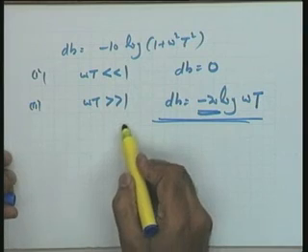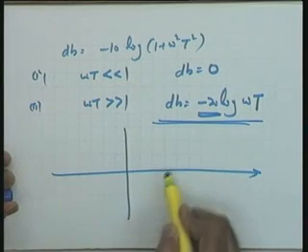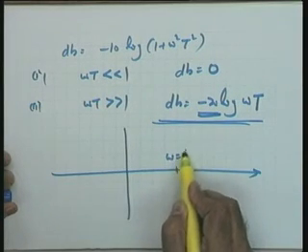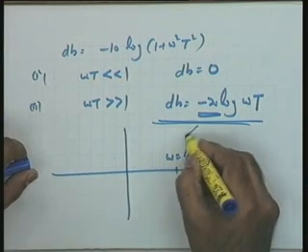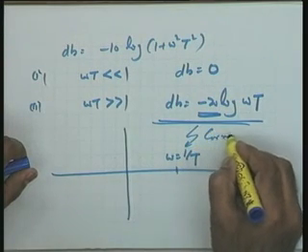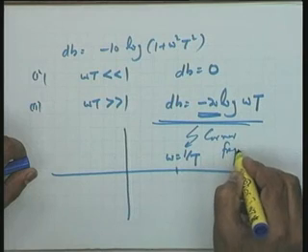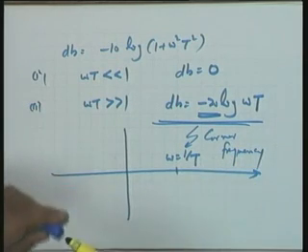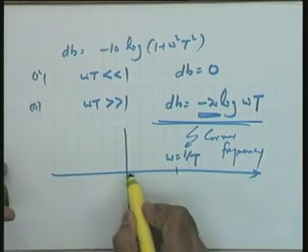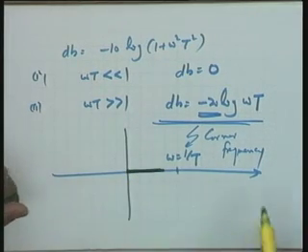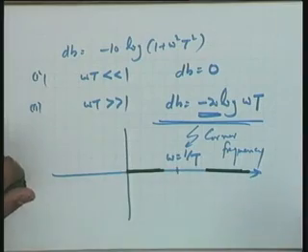So, if I make a sketch of this, this is omega equal to 1 over T, or omega T equal to 1. Let me call it my corner frequency. At the corner frequency you just take the two ranges, one range on this side and the other range on this side.